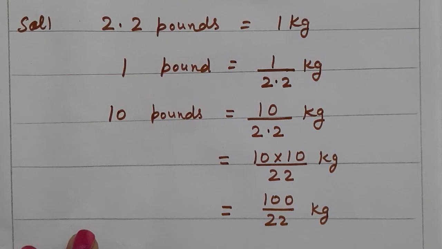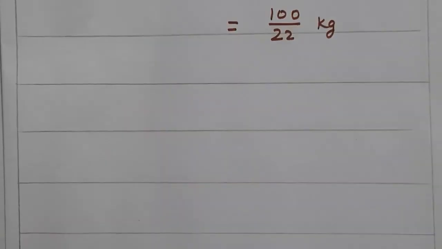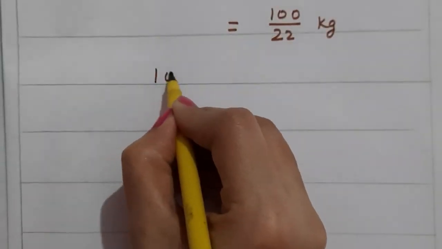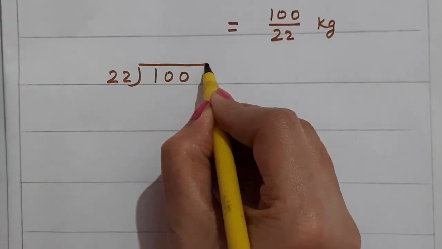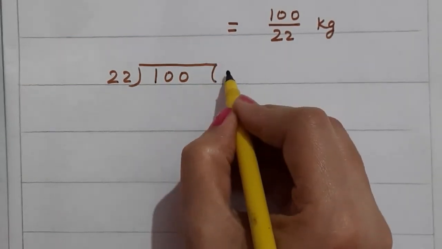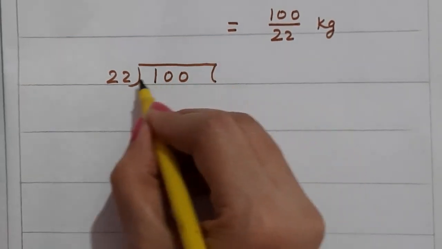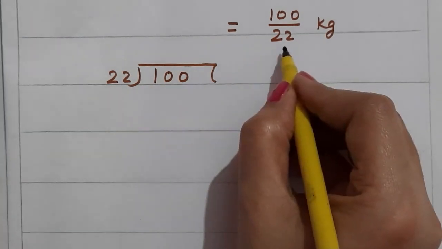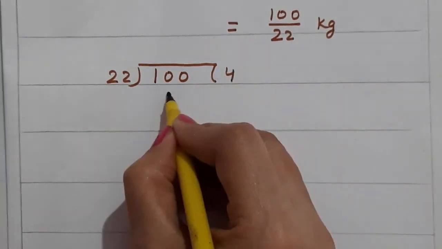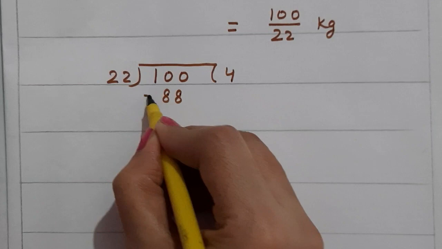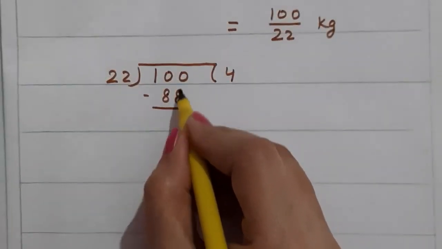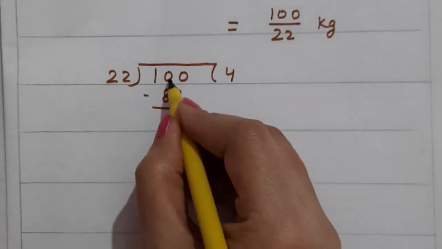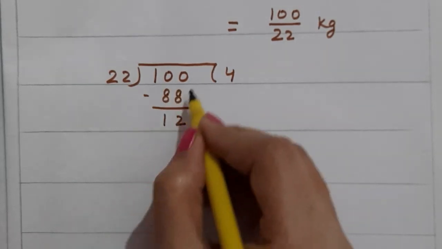This part is very important to understand. Now 100 divided by 22. Right, 22 fours are 88. 10 minus 8, 2. 9 minus 8, 1.